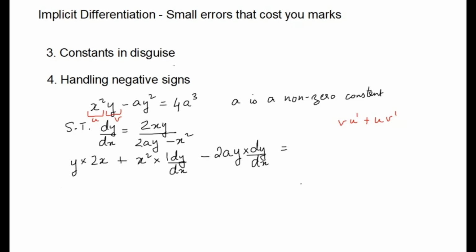The tendency is to write 4 into 3 into a squared, but hang on a minute, a is a constant, we treat it like we do any other constant, so the differential of 4a cubed should be just 0.